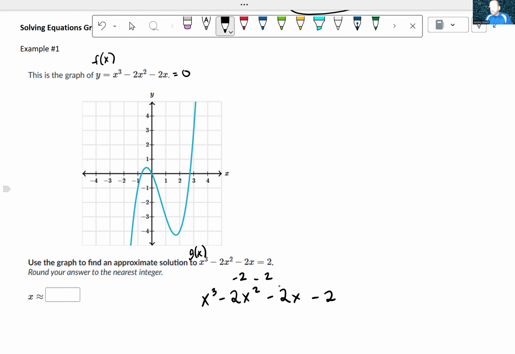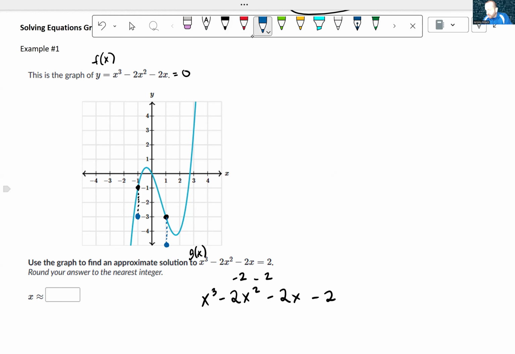That means this function is going to shift down 2 units. And to visualize that, you can take some different points that are on the graph and shift them down 2 units. That would be our new value. You can take this point here, shift it down 2 units.